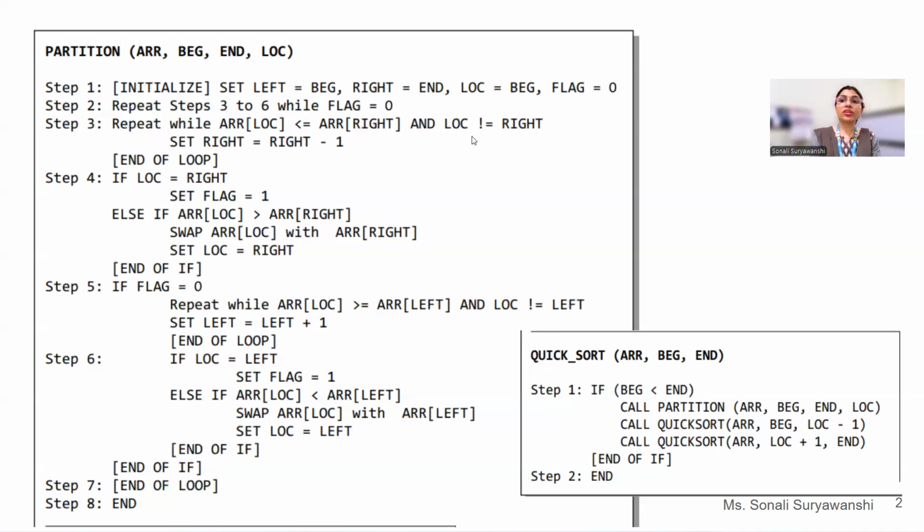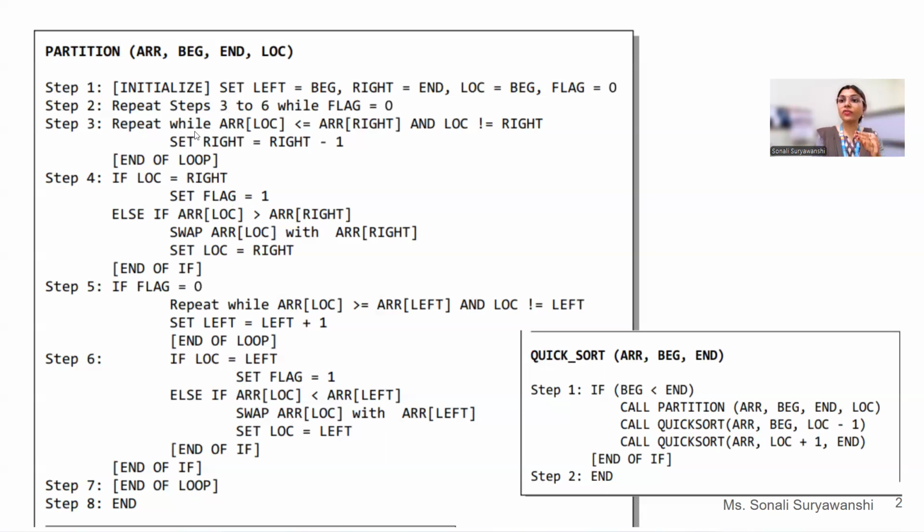And LOC is not right, which means I have to keep decrementing the right pointer. I have to keep coming towards the LOC side. There will be a point where right will decrement and it will reach LOC. That is the flag raise condition. So we have to raise a flag that this is a stopping condition.